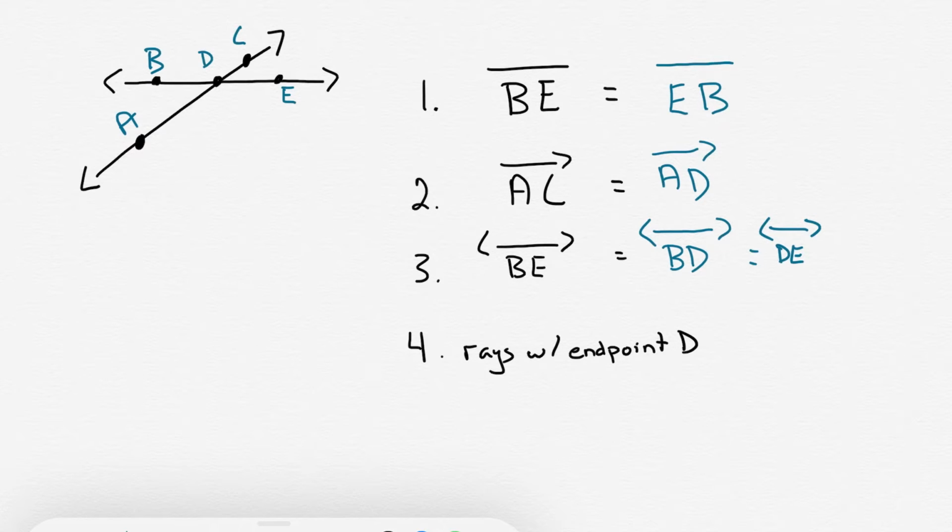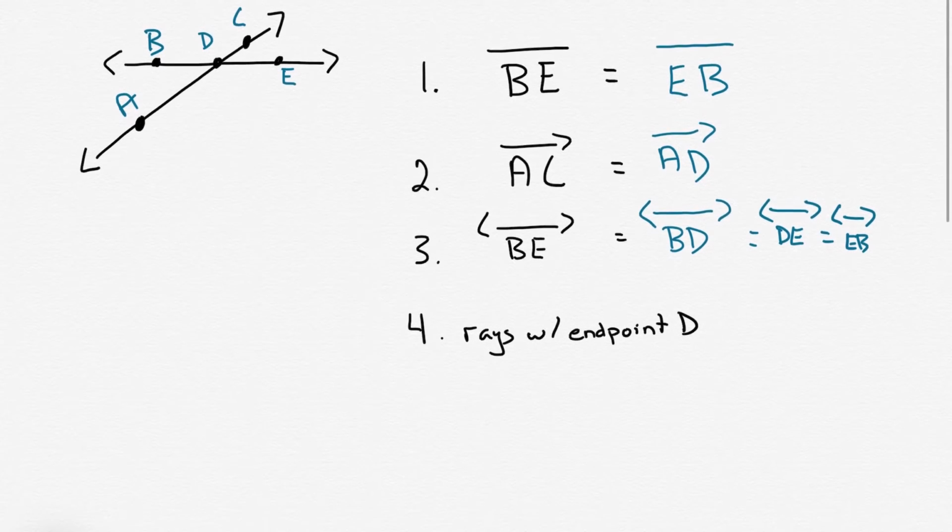And then we could keep going. We could also call this EB, because it's still the same line. We could keep going and going, but any two points on this line, as long as it's a line that goes on forever, will be equivalent and correct answers as well.